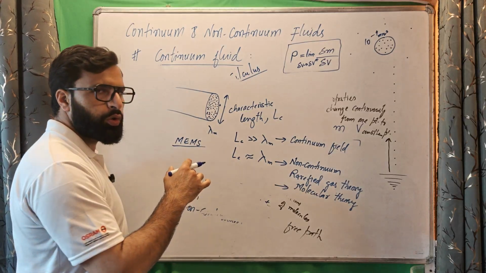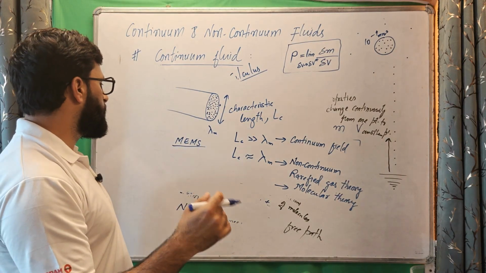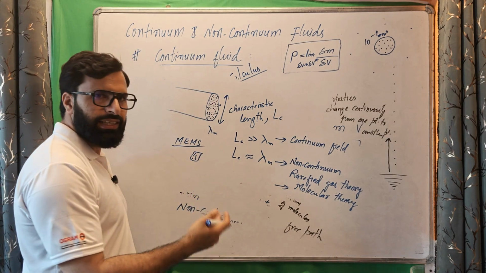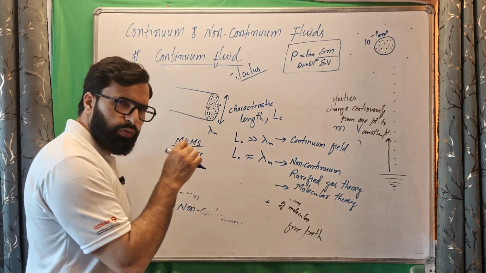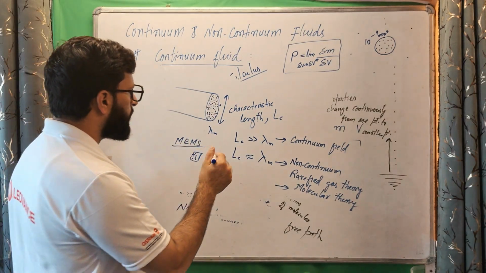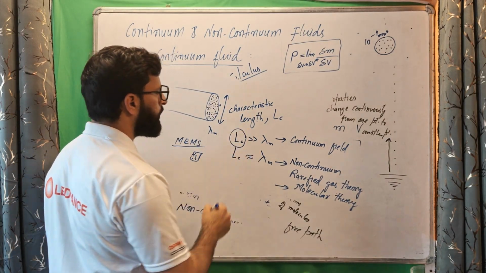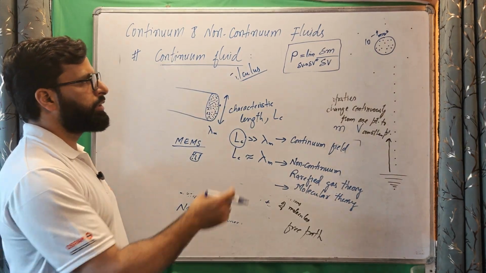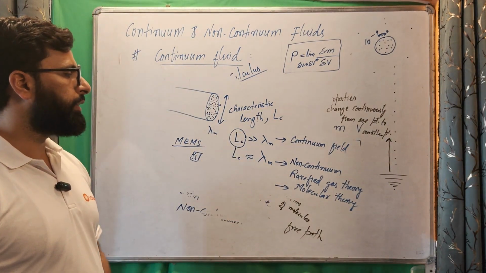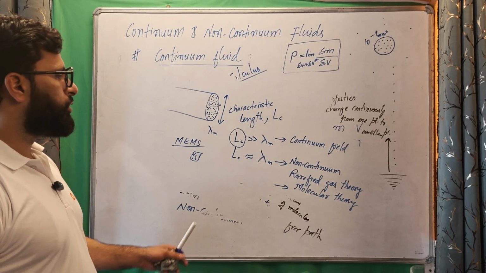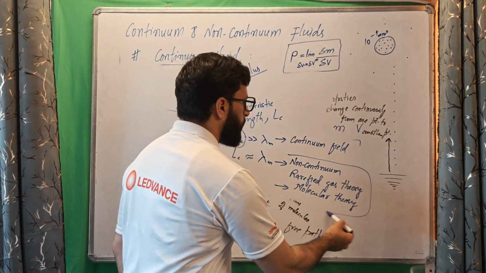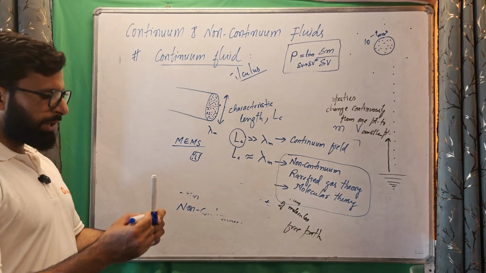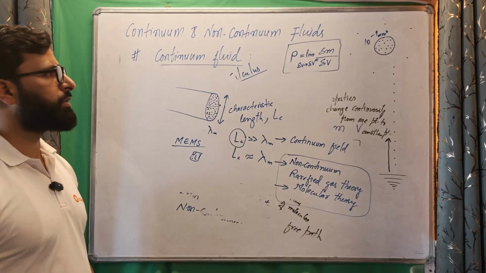They are very microscopic systems, so if fluid flows in them, the fluid characteristic length will be very small compared to the mean free path. In those situations, non-continuum or rarefied gas theory is used. That's why it is becoming more and more popular because of the invention of these micro electromechanical systems.